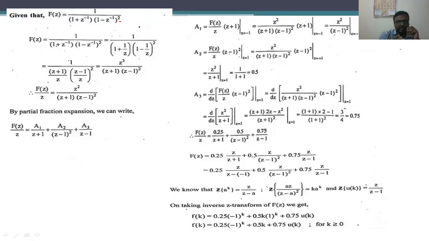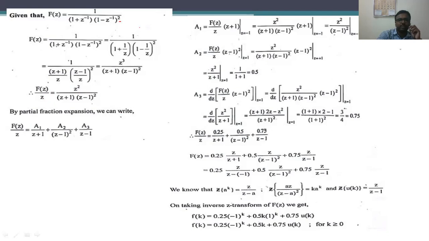So in order to perform the partial fraction method for these repeated poles, just converting the negative terms into the positive, we get f of z divided by z is equal to z square divided by z plus 1 into z minus 1 whole square.